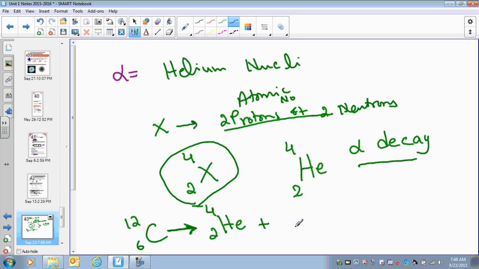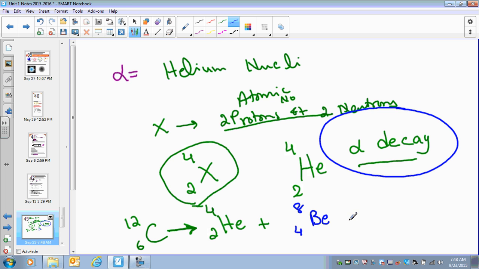So how many protons are left? 4. And how many neutrons left? 8. Now I need to go to the periodic table and see who is the element with atomic number 4. Do you know who it is? It is beryllium. That means when carbon goes through alpha decay, it turns into beryllium.